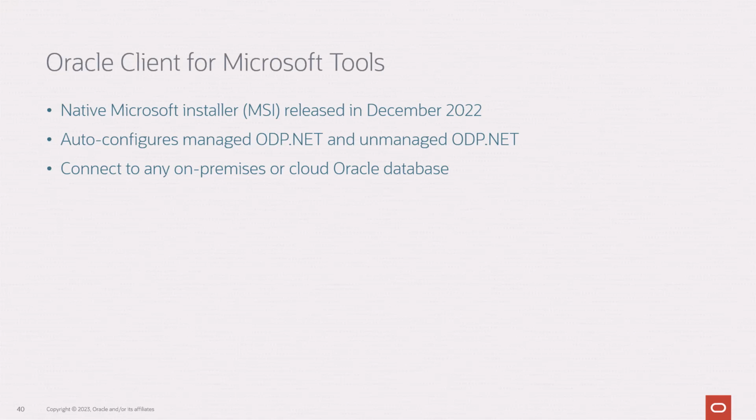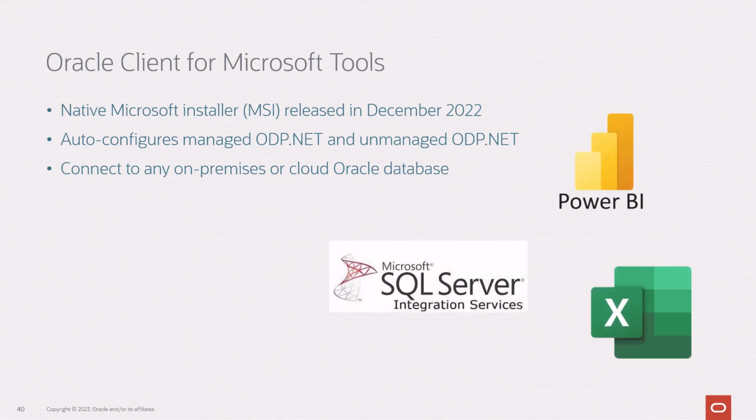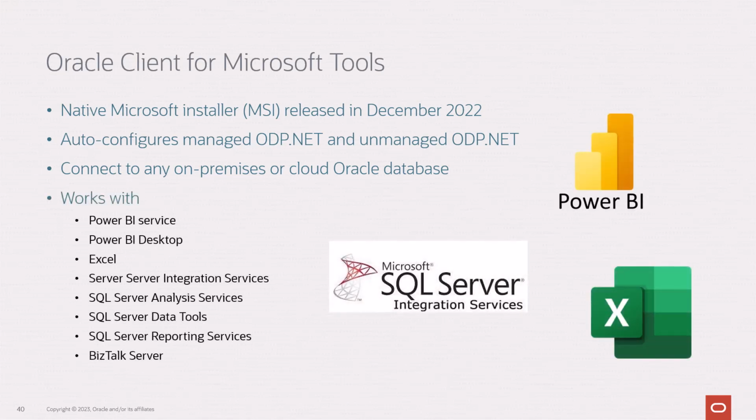And so when you download this from the Oracle web, here you can see the URL where you can get this Microsoft installer for the Oracle data provider for .NET. It automatically configures both the managed and unmanaged ODP.NET providers.